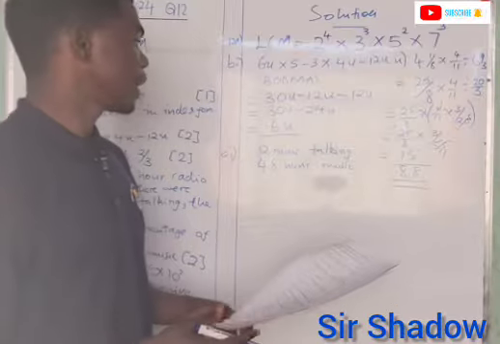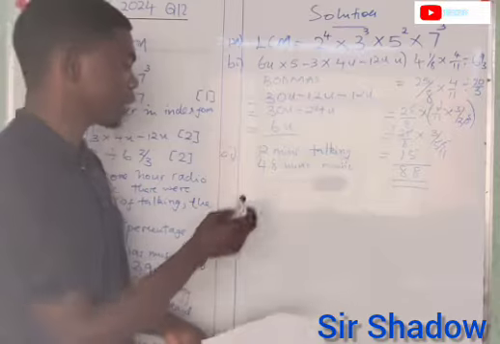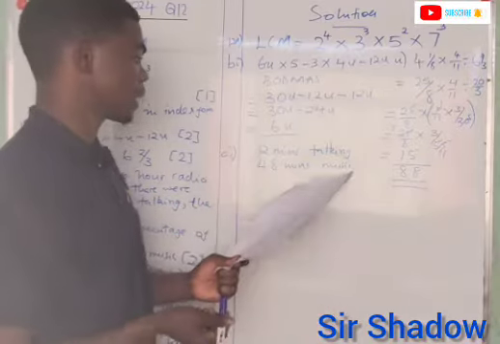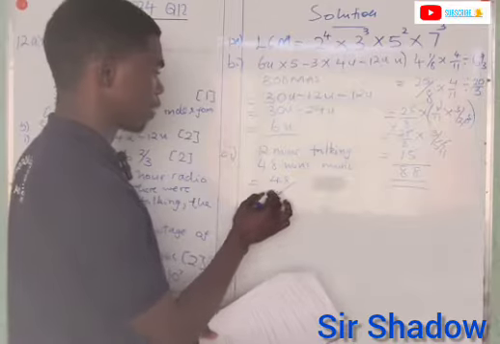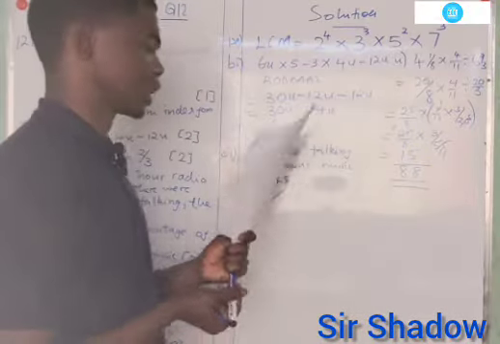So we want to find the percentage of the radio program that was music. Already we have music is 48 minutes. So we say 48 over, it's a 1-hour program. Just note that 1 hour is equivalent to 60 minutes.